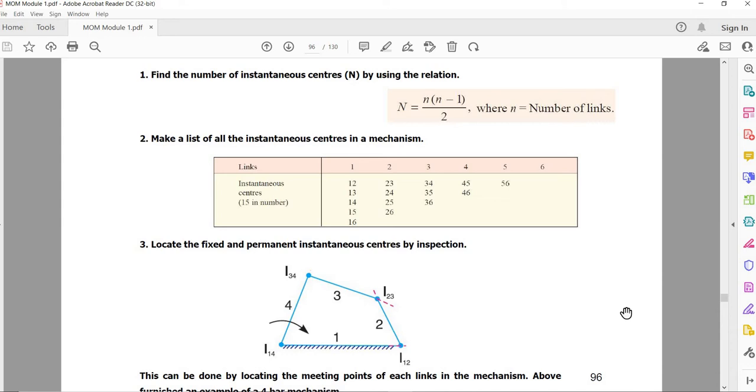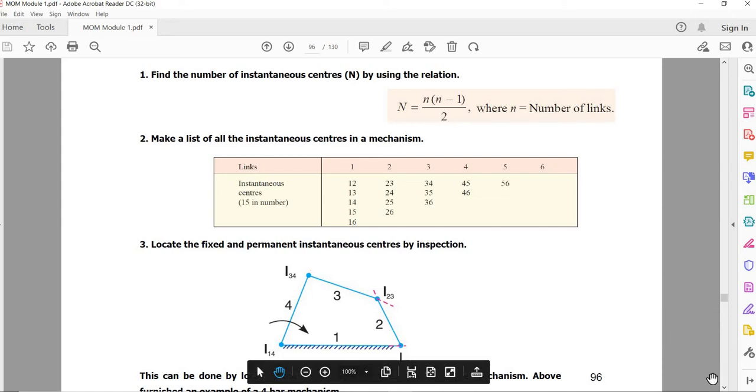If it's a turning pair, the point of turning, that is the hinge point, will be one instant center. So like that we want to locate physically all the instant centers. Then the remaining instant centers, which are neither fixed nor permanent, we have to find using Arnold Kennedy's theorem.